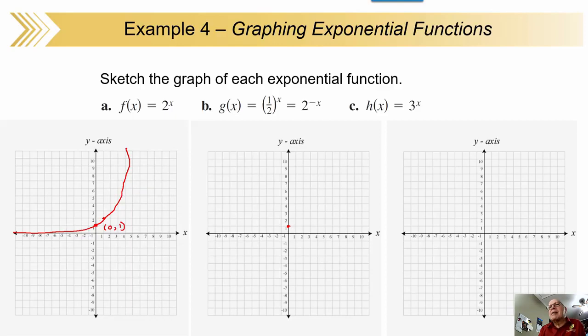So on the right side, it'll be asymptotic to the x-axis, and on the left side, it'll go like that. It still goes through 0, 1. That's your buddy for exponential functions. That's a starting point.